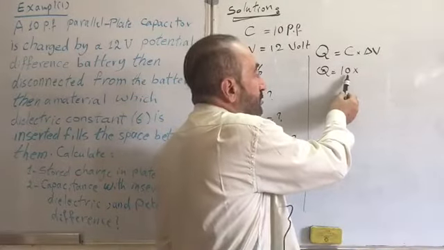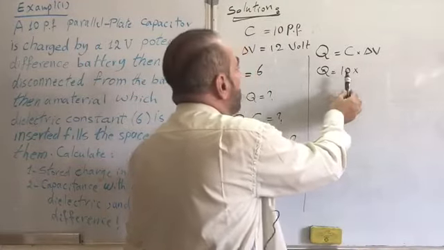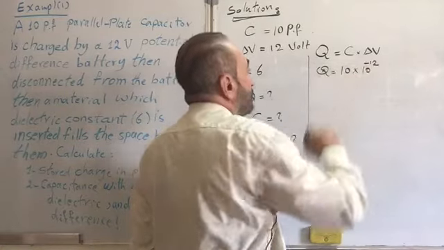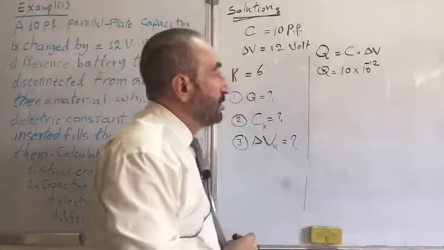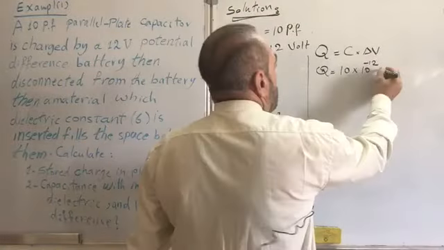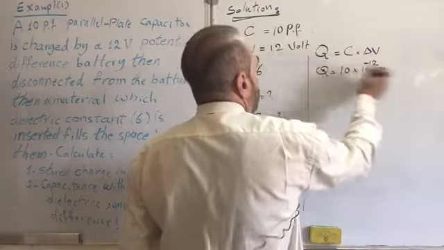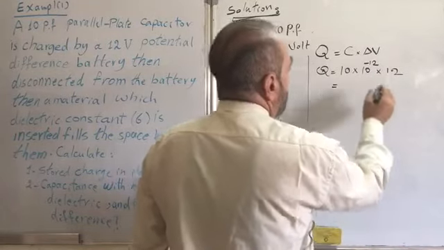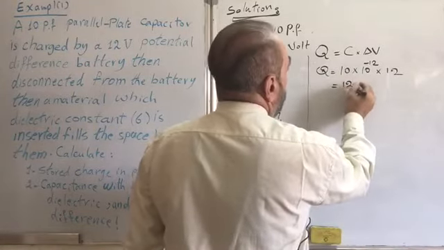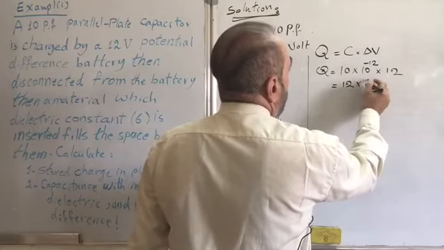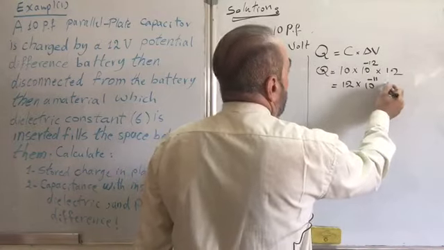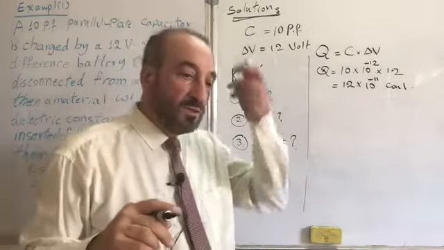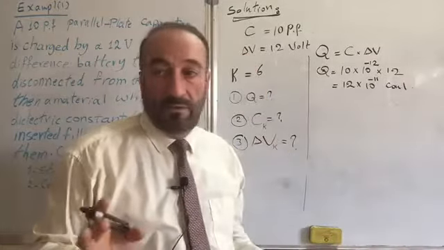We must multiply this amount by 10 to the power minus 12, times delta V equal 12 volt. Now the result is 12 times 10 to the power minus 11 coulomb. This is the solution of the first order.